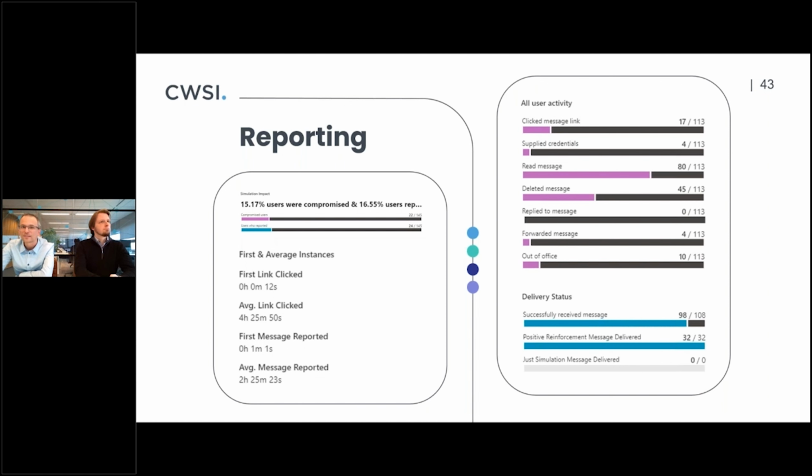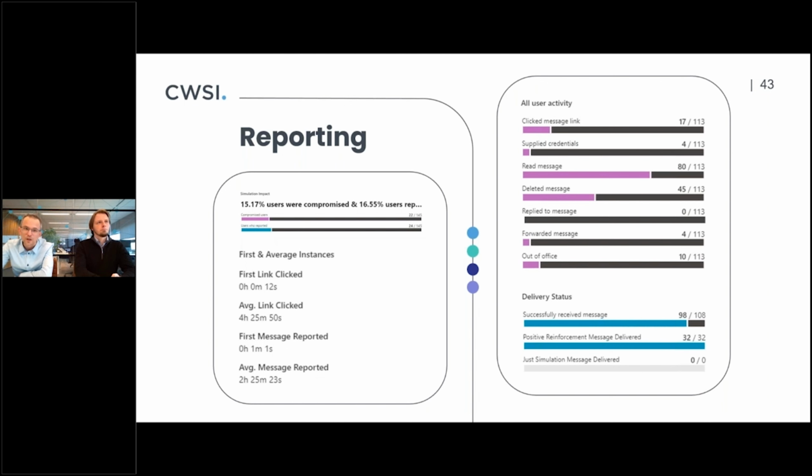In the right image, on the right side of the slide, you can see particular components of the attack simulation training email. So once you send out an attack simulation training email, you can see how many people click the link within this attack simulation training email, but even the number of users who supplied credentials.